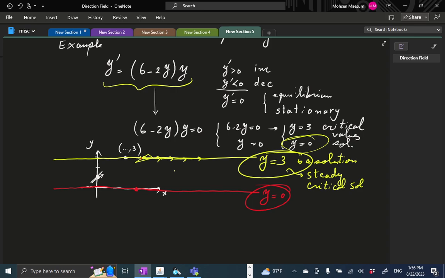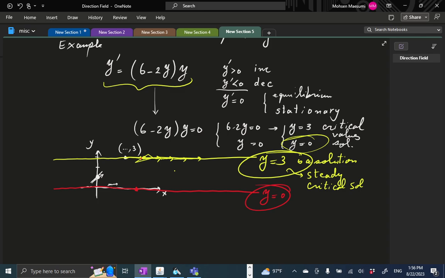Okay, if I am very close to the red line, that means my y is very close to 0. If I put it here, I get a number that's close to 0, but it's positive. All right, y is positive. 6 minus 2 times a small number is a positive number. Product of two positives is positive. Y prime becomes positive. So if I am down here, I have a small slope, but it's positive.